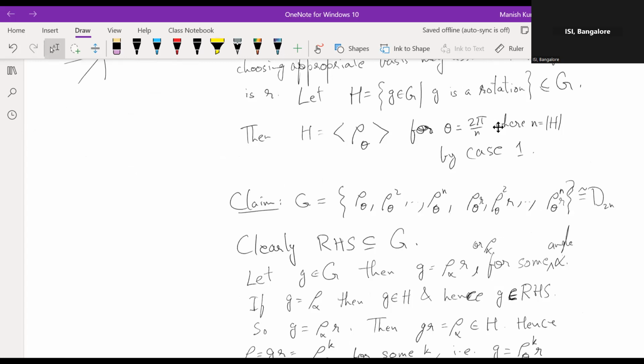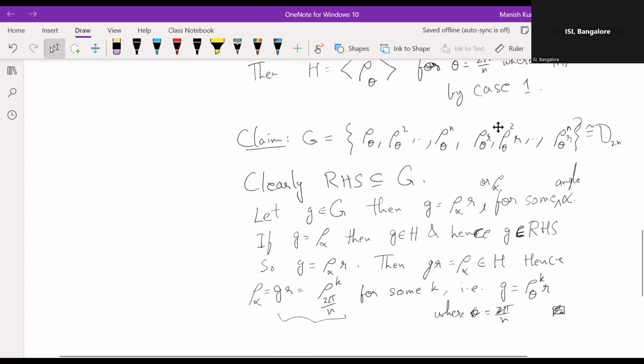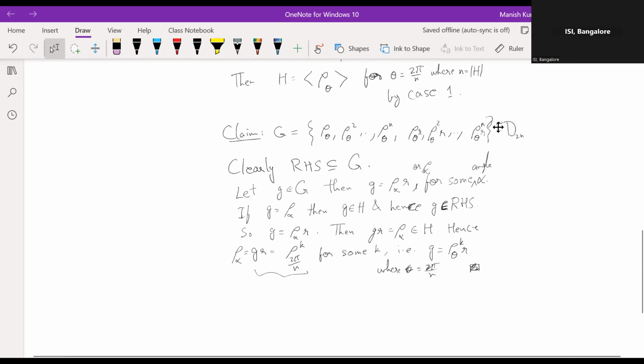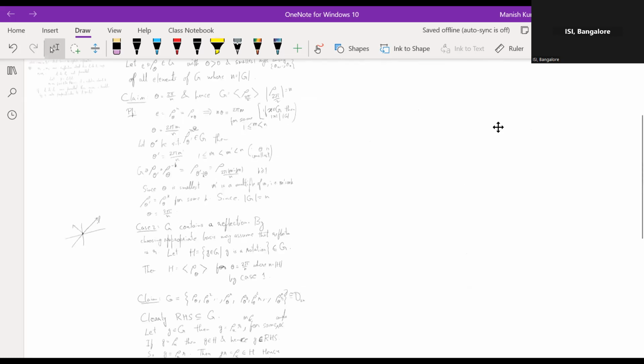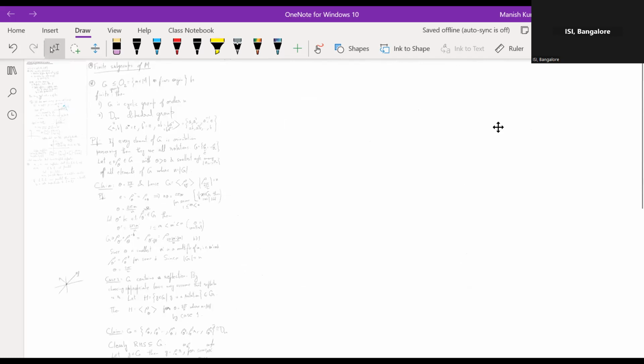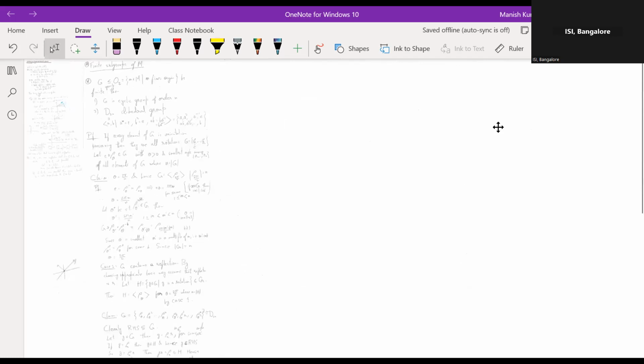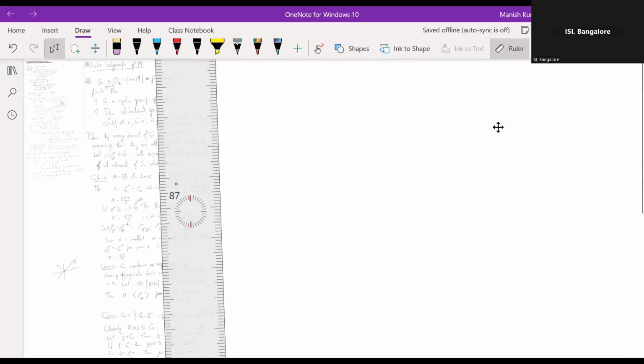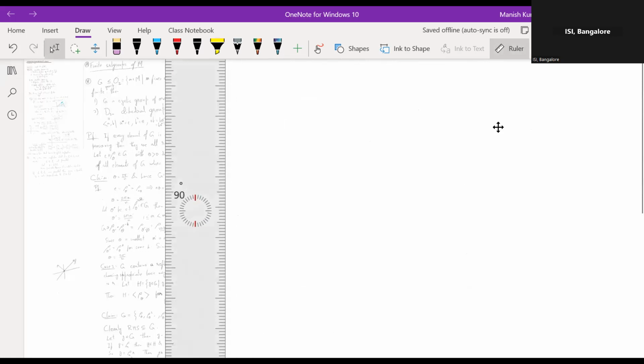So for that, I need to develop a little more theory, some group action. One can do it in a more brief way, but anyway, we'll need group action, so I'll do it in a somewhat elaborate way. So let's discuss group action, and then we'll come back to this question.